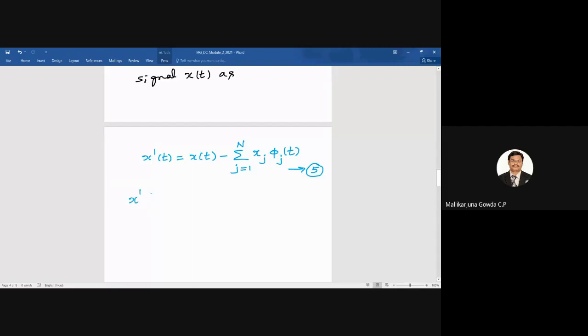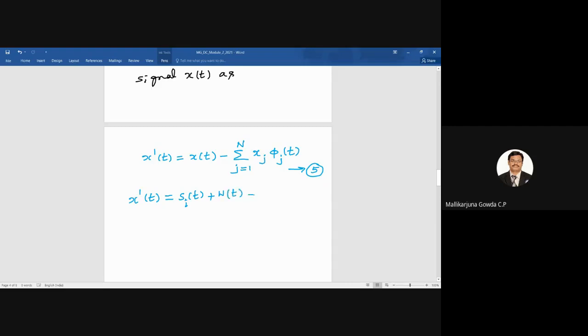So what can I write? x dash of t is equal to, what is x of t? It is si of t plus w of t, right?